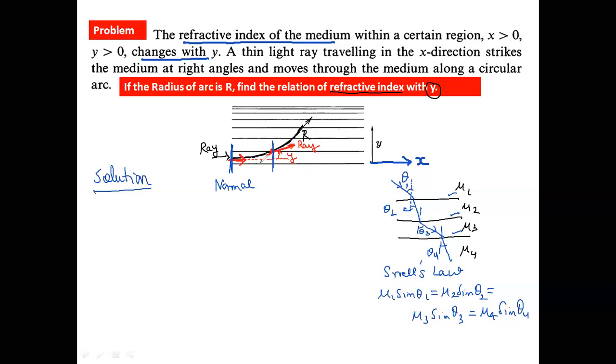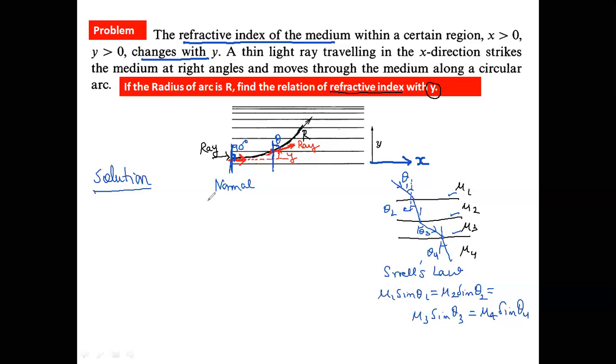Initially the angle between the ray and the normal is 90 degrees. Let's say here the angle between the ray and the normal is theta. The line parallel to the y axis is the normal line, and theta is the angle between the direction of the ray at this local point and the normal to the refracting surface.